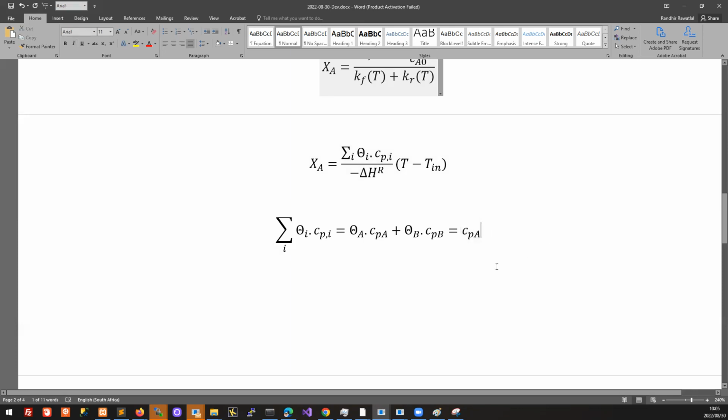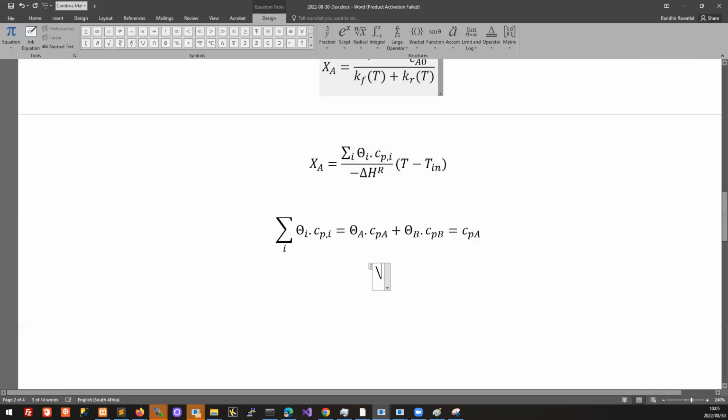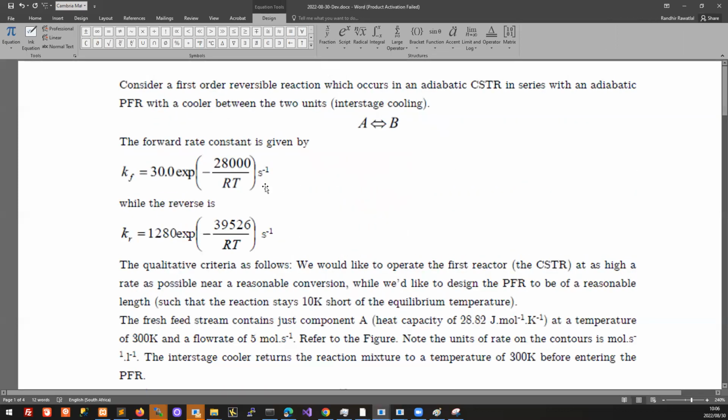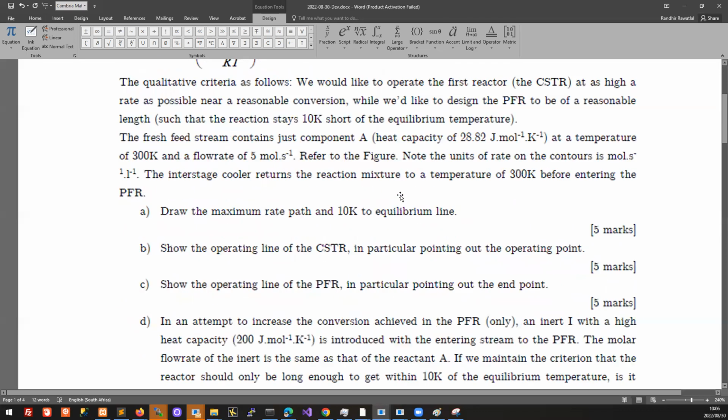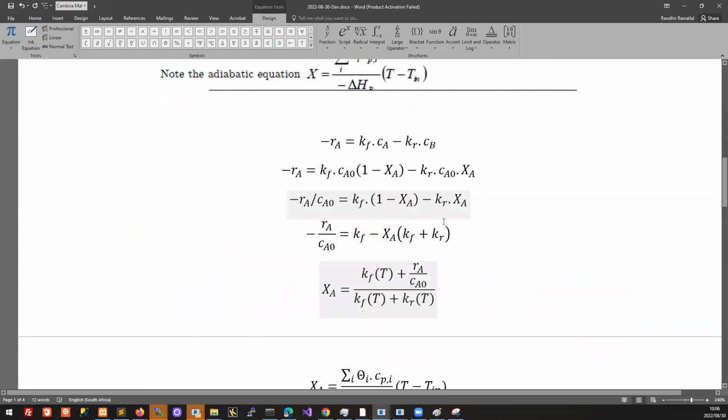Now, heat of reaction, we can also get, so delta HR. If you think about what we did last time with the van't Hoff equation, we eventually saw that the heat of reaction could be estimated simply as the difference E1 minus E2. And if you look at what we have here, we do have a hidden E1 and E2, right? The forward activation energy and the reverse activation energy. So we seem to have everything we need for this part of the equation.